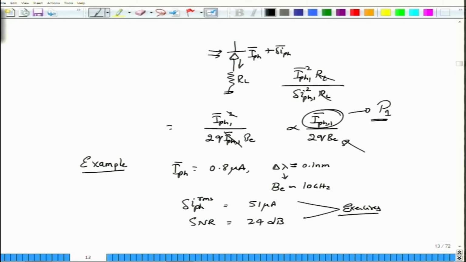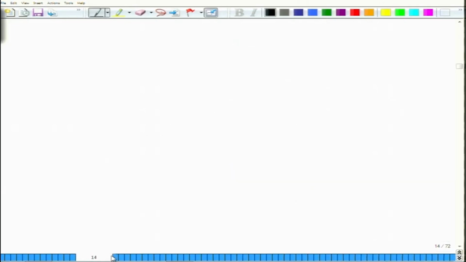This is not the only noise source that you will be seeing in a photodetector circuit. In fact, the photodetector construction itself, if you remember, is actually a PN junction, right?